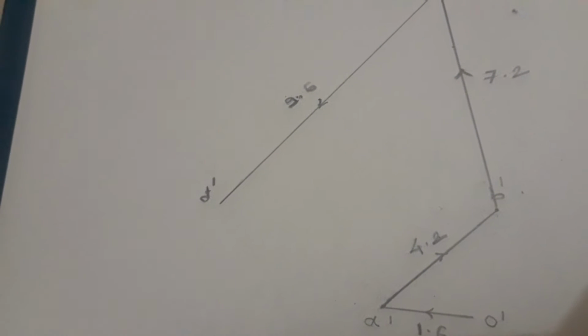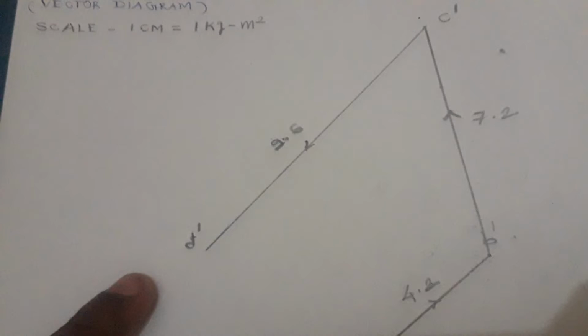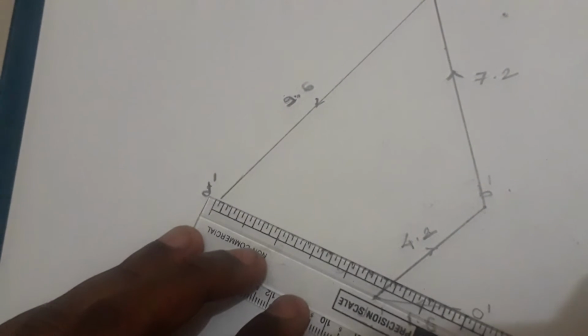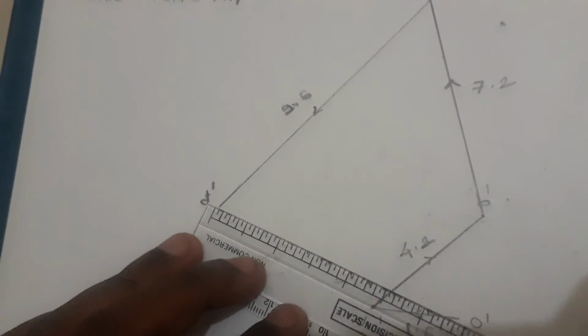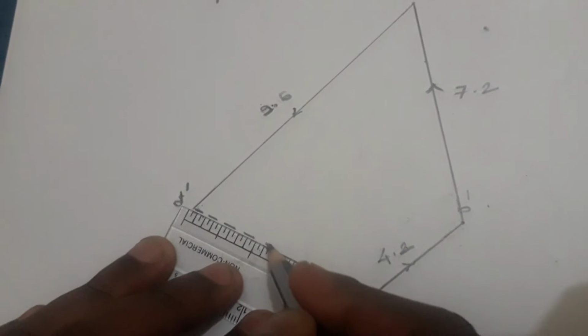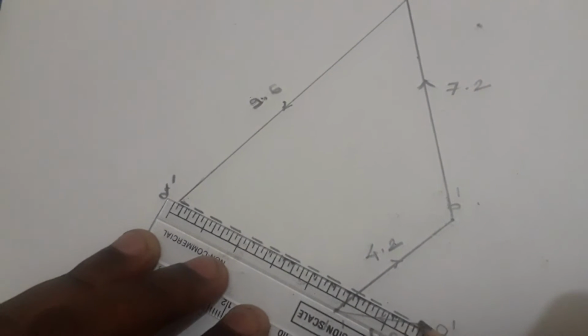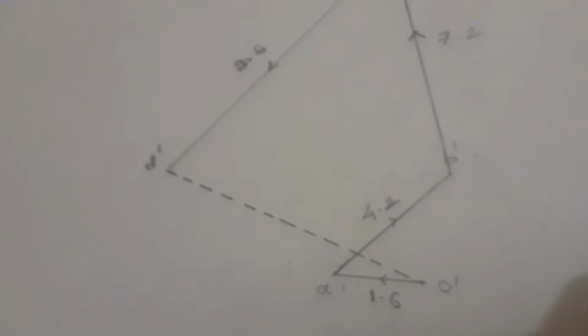Now if I join this O dash to D dash, from the first end to the last end, that will be the balance couple.